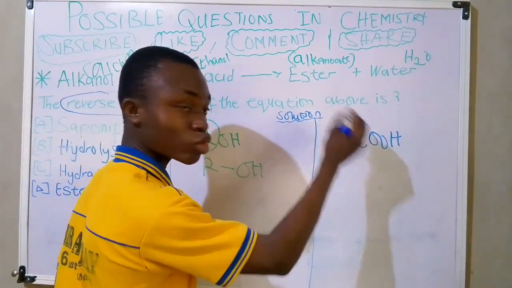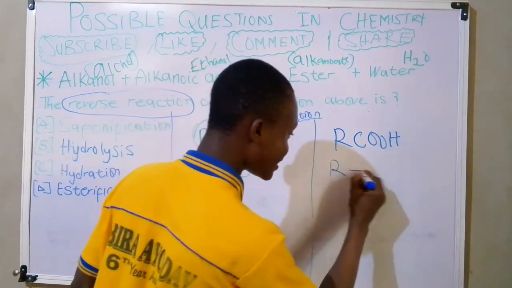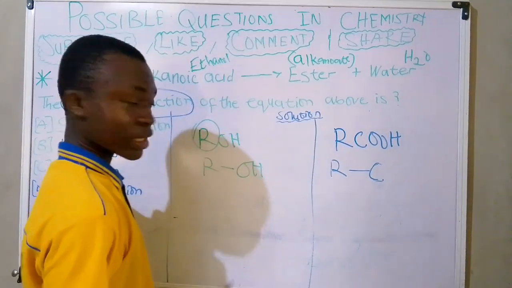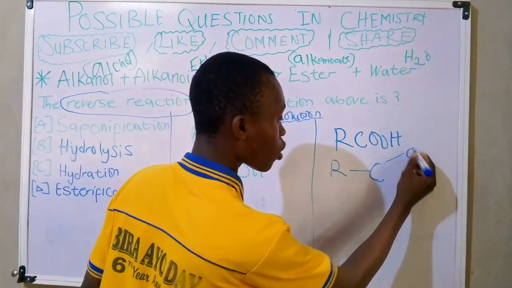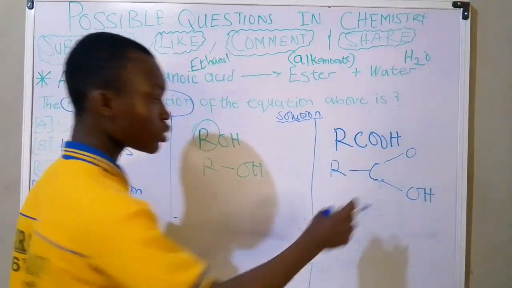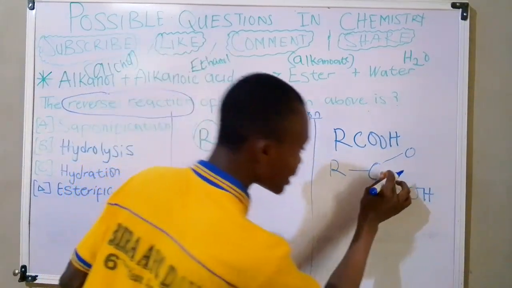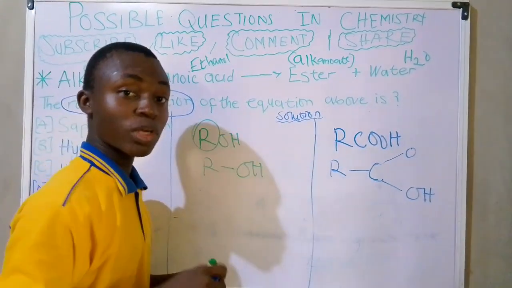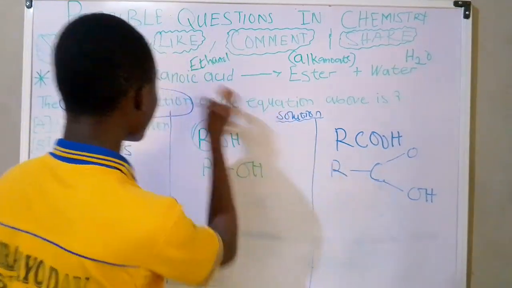This R, which is an alkyl group, is bonded to C. You can see C is bonded to O, and C is also bonded to OH. This is the bond between a carbon atom and an oxygen atom. They can't be in the same line, they are going to be adjacent to each other. This is simply the functional group of an alkanoic acid.